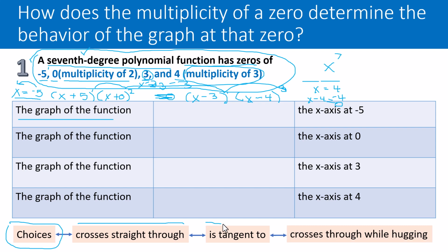Is it tangent to? Now, we're bringing that up to the word tangent, where in the past you might have used hugs, and we'll still use that transition to the word tangent. Tangent means it's going to touch and then bounce in the opposite direction. Crossing straight through is a multiplicity of 1.